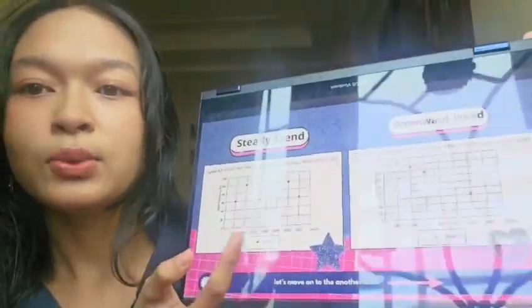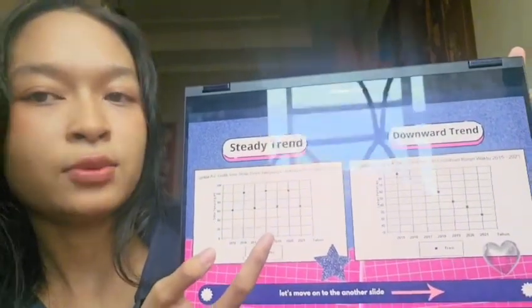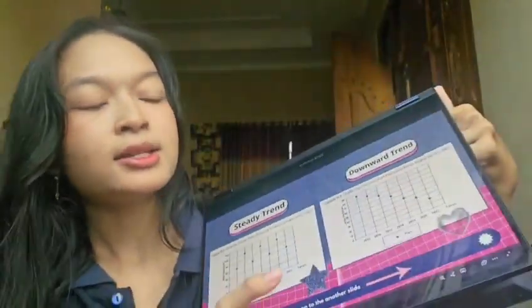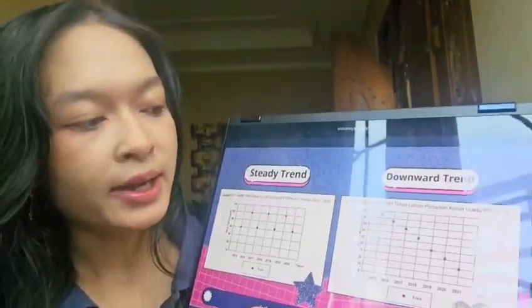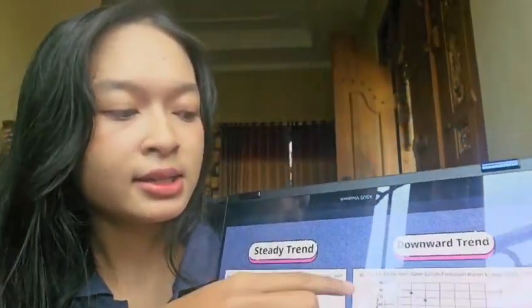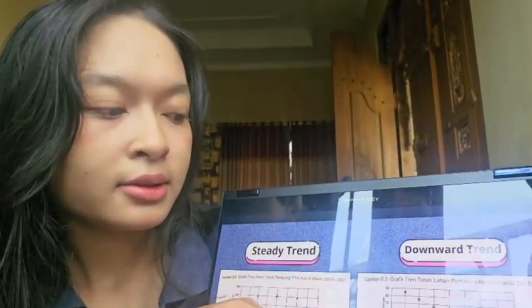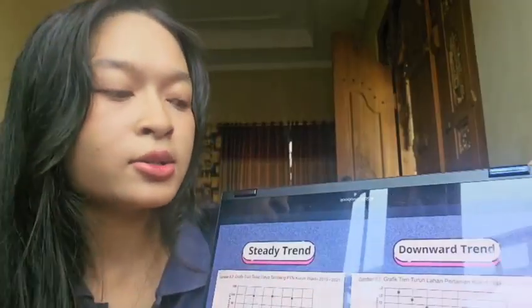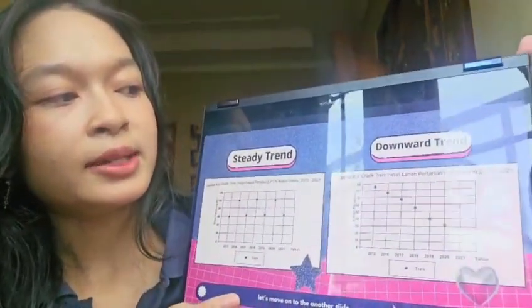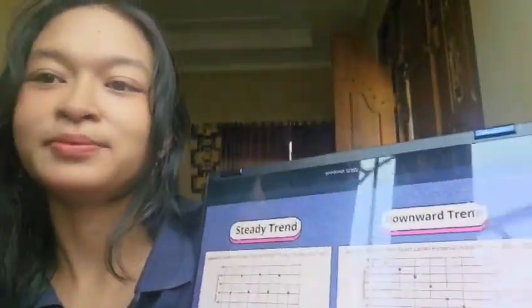So this is called a steady trend. And the last one is the downward trend. For this downward trend, you can see the points and the line decrease, so the graphic goes downward like this.